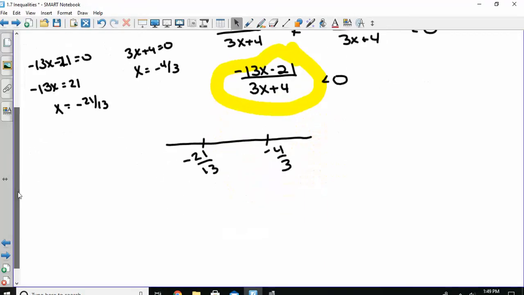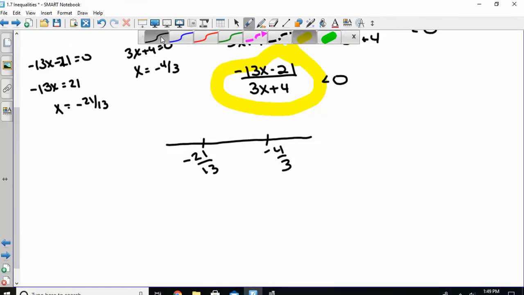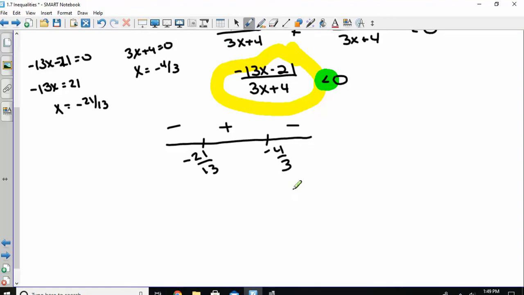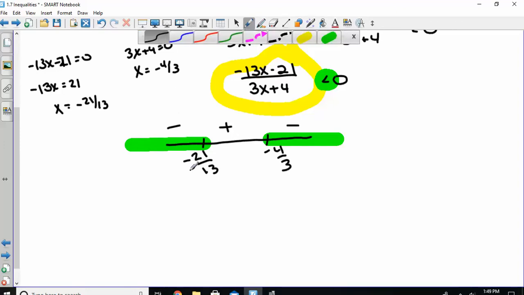Did I want positives or negatives? Less than 0 means negative. If it's less than, do I have to worry about brackets at all? No, it's strictly parentheses, so you go left to right.